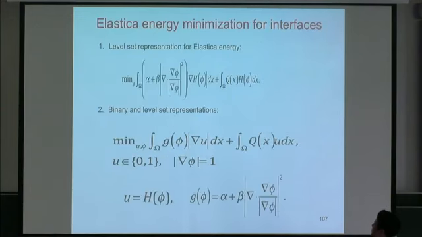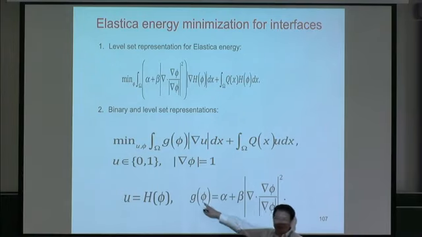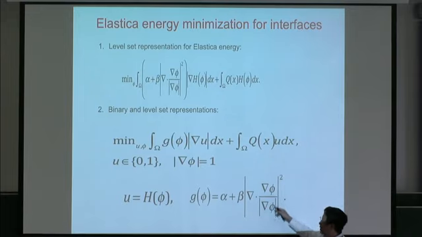Again, we do alternating minimization. If phi is given, you can easily calculate this part through this formula, by a very quick standard discretization, so this part is known.